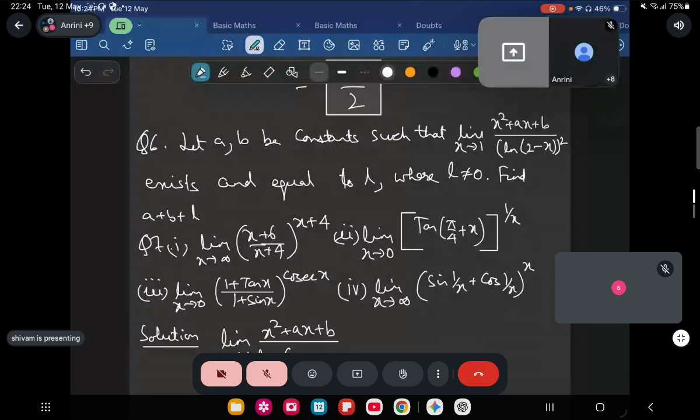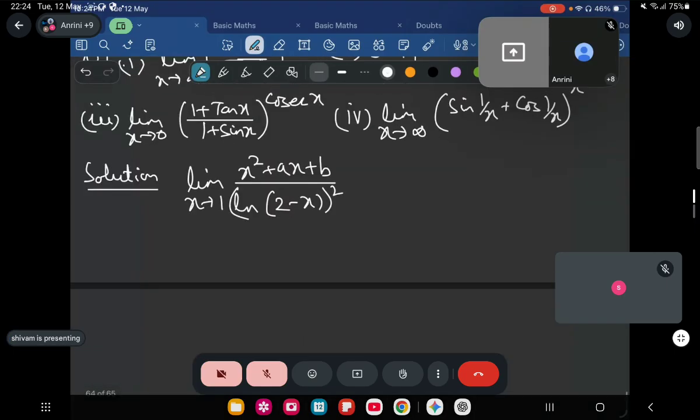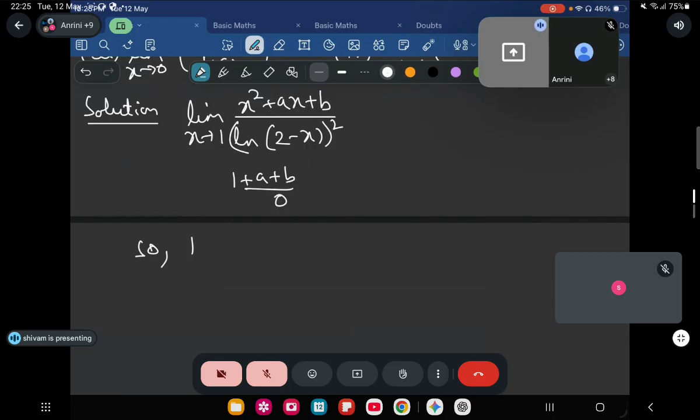I need to understand whether it is an indeterminate form or not. So when you substitute x equal to 1, you're going to get (1 plus a plus b) by 0. So can I say that the limit only exists when the limit over here will exist.